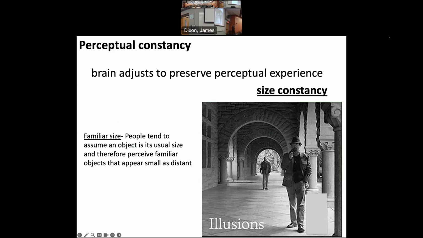That would be a weird interpretation, even though there is a sense in which, if you compared the absolute sizes of those images, it could be that there was a really little person here and a really big person here.